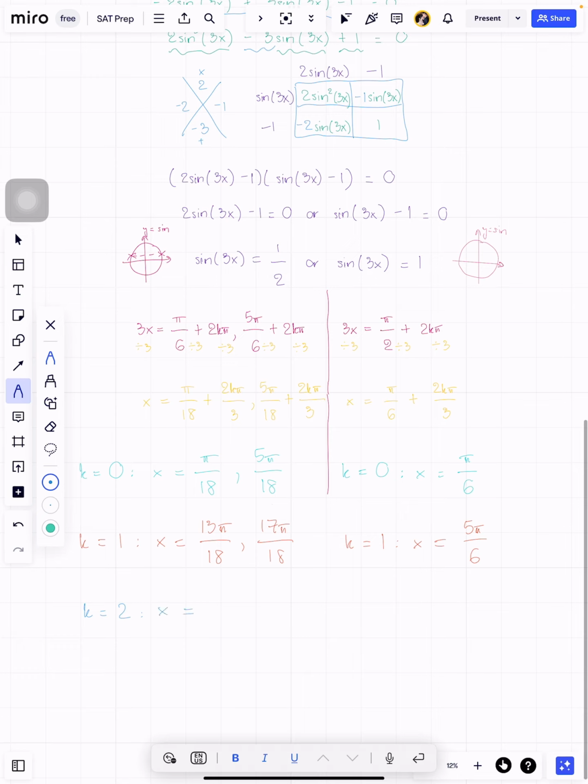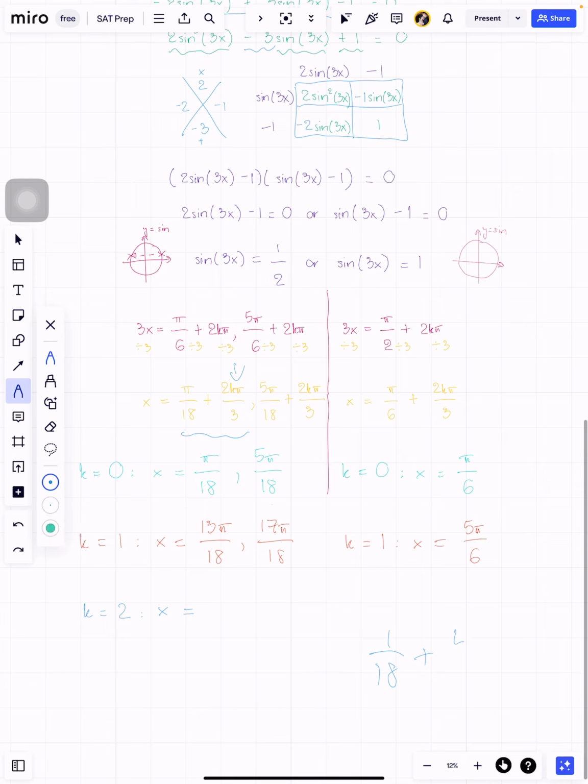So what we're going to do in a calculator is 1 over 18 plus 4 over 3 this time, because k equals 2, so it would be 4 over 3 for this one in here. And that would be 6 times 4 is 24, plus 1, 25 pi over 18.